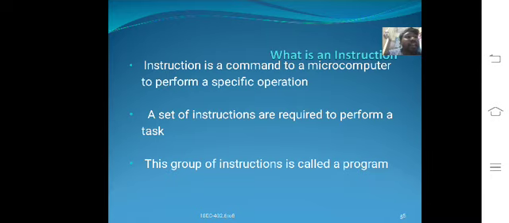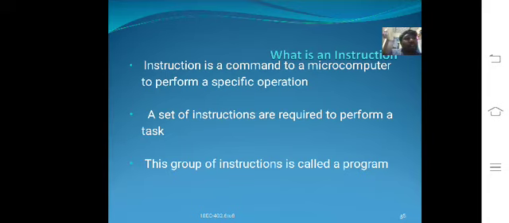Same as in the previous example, in the annual day celebrations, we are using different instructions like anchoring, the event schedule, speeches and everything. All this group of instructions can be called a program. That is the annual day celebration program.